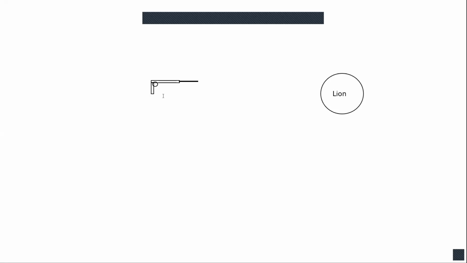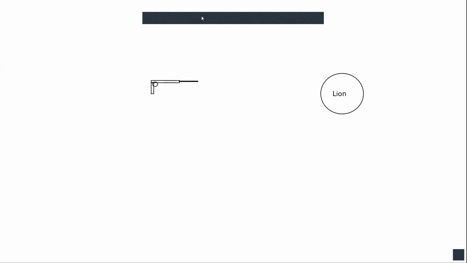So the hunter will choose a position where he won't be visible to the lion, and he'll aim a gun with an injection. So this is a syringe. I'll show what exactly is happening, so I'm drawing a bigger picture over here.